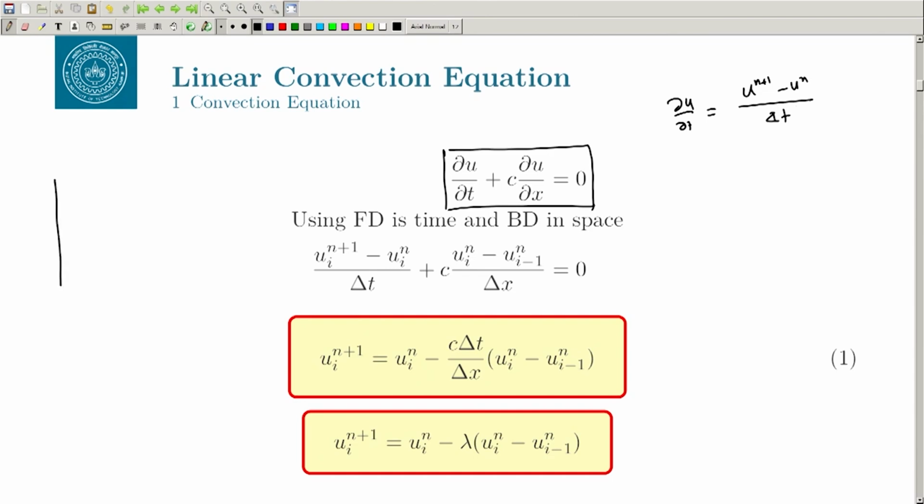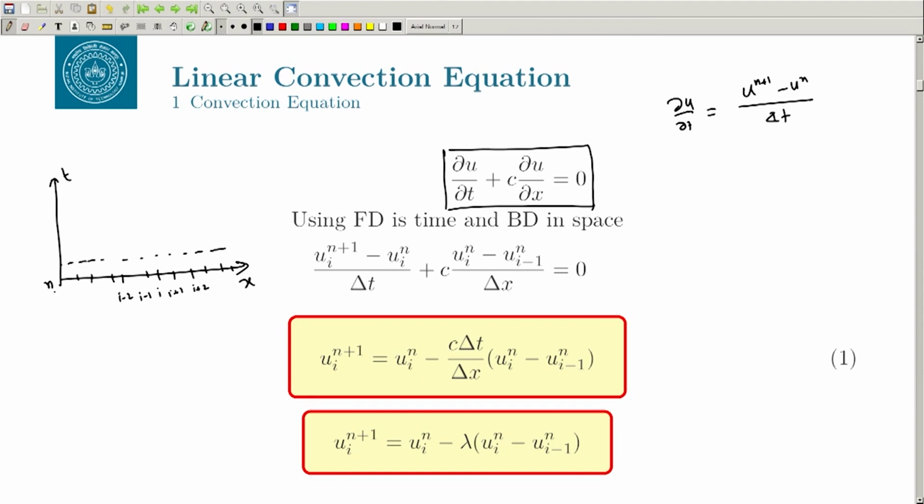We are discussing everything in 1D today. So, this is your x and this is your t. You have discretized it everywhere. Let us say this is i plus 1, i minus 1, i plus 2, i minus 2, and this is n, and then you go to n plus 1.